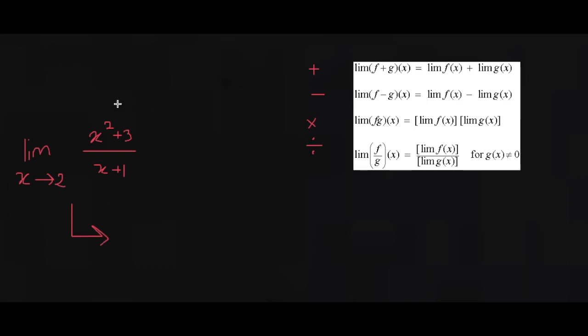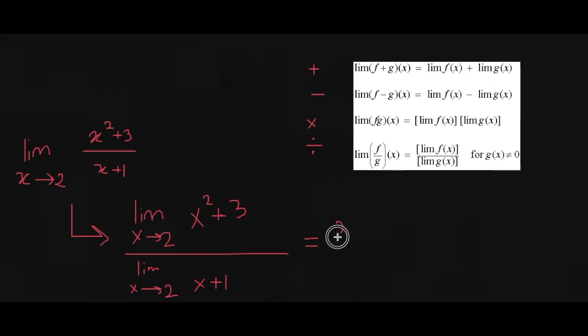Rather than trying to simplify the fraction, simply take the limit as x approaches 2 of the numerator and take the limit as x approaches 2 of the denominator, and plug in 2 everywhere there's an x, so 2 squared plus 3 over 2 plus 1, which gives you 7 over 3.